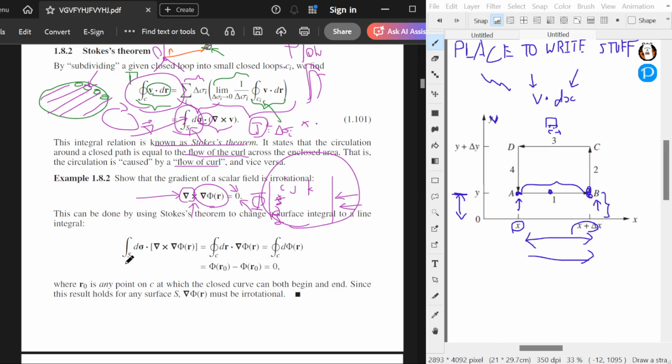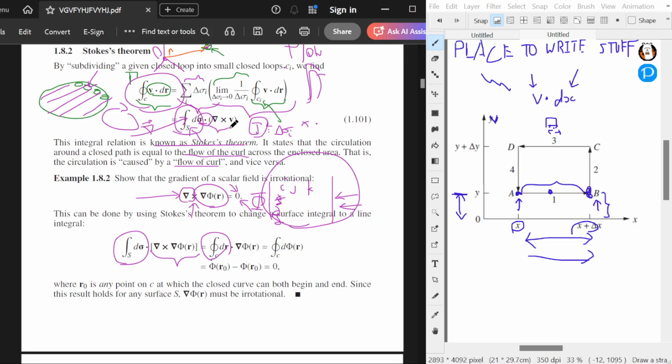So they're using this operator, they're shoving in this, they're saying it's equal to what? They're using Stokes' theorem to change a surface integral to a line integral.